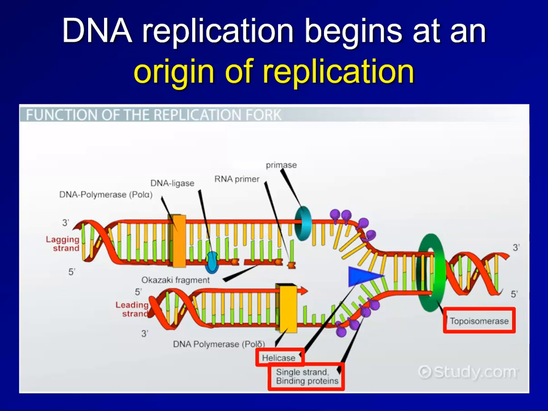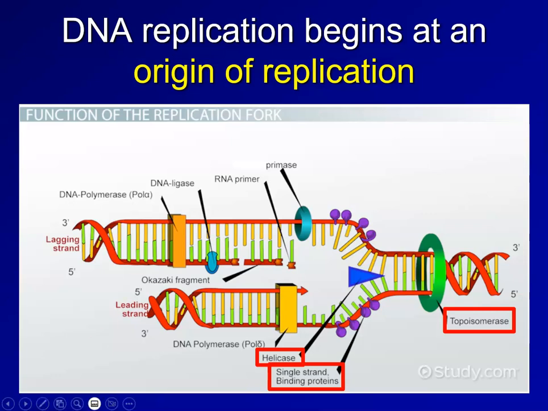So topoisomerase for the DNA, it can twist and rotate to alleviate that strain that might build up outside of that replication bubble. And so once the double helix parental strands, like shown on the right side, are untwisted and unzipped, now the DNA replication process can begin.